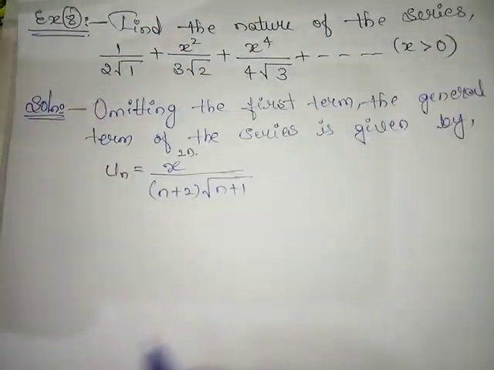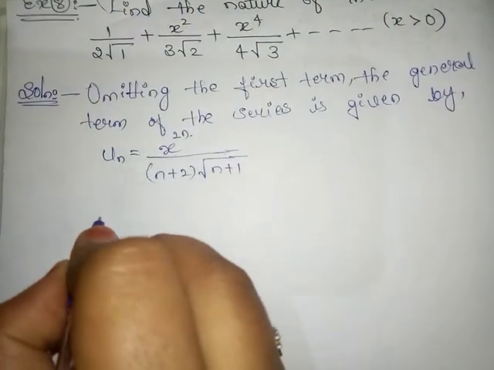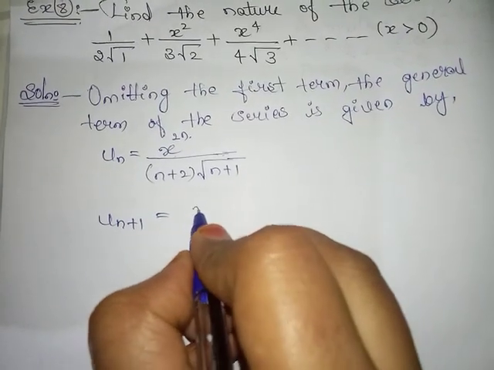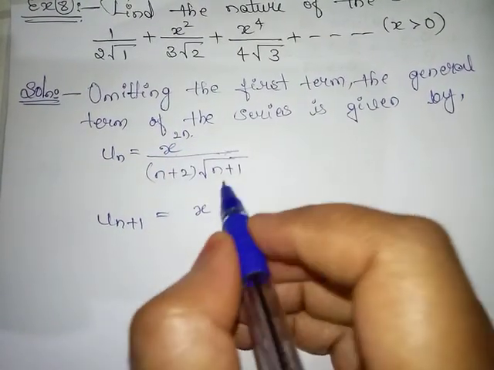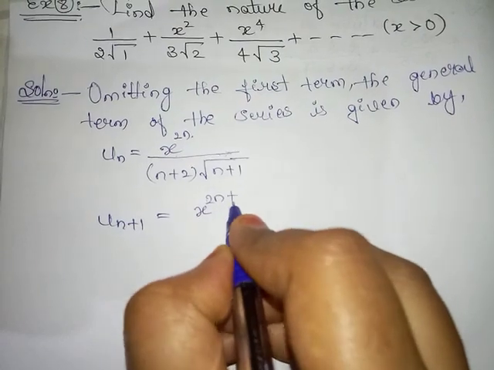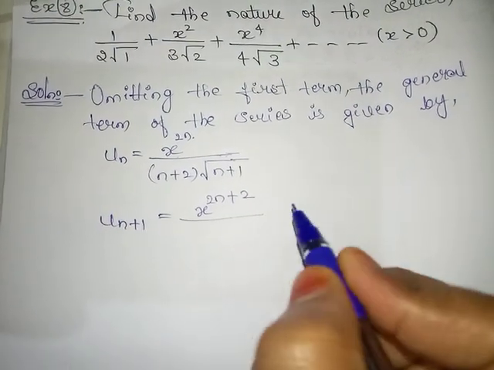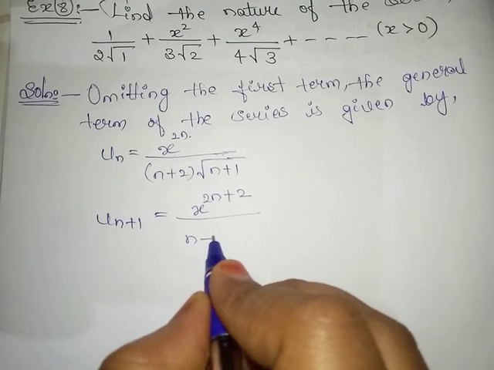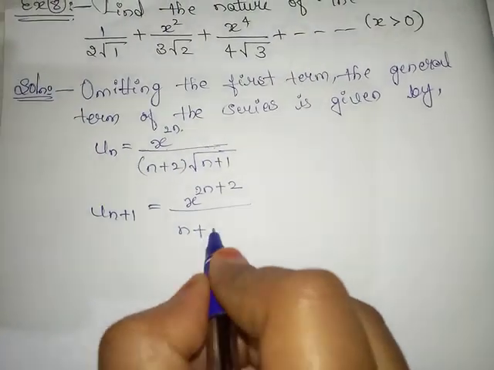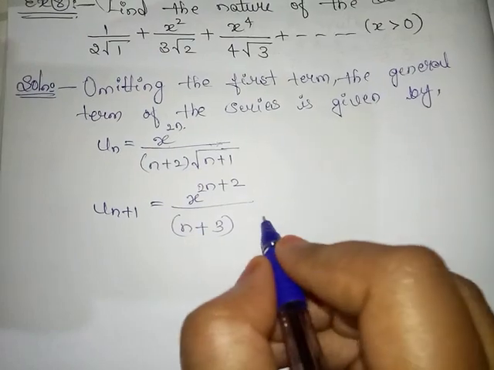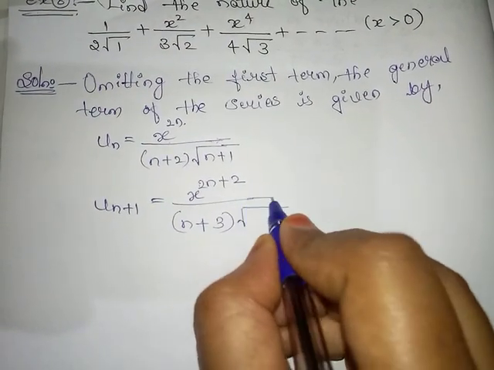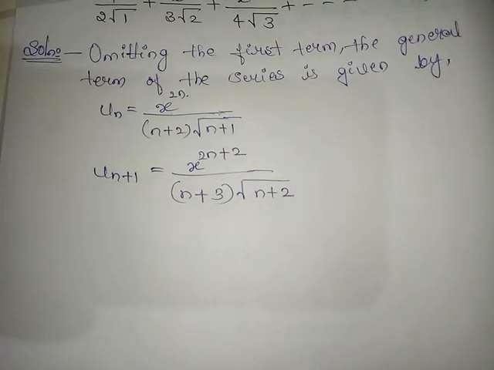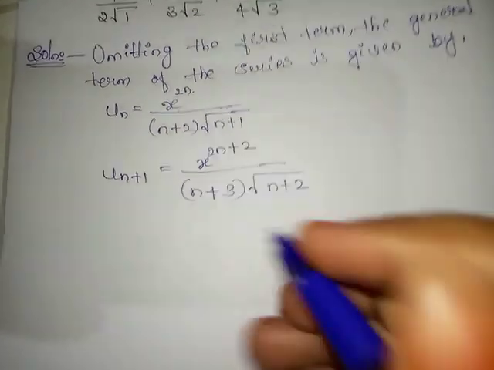This is our un. Now un plus 1 is equal to x raised to 2 into n plus 1, it is 2n plus 2, divided by n plus 3, n plus 1 plus 2 is n plus 3, into square root of n plus 2. This is our un plus 1 term.